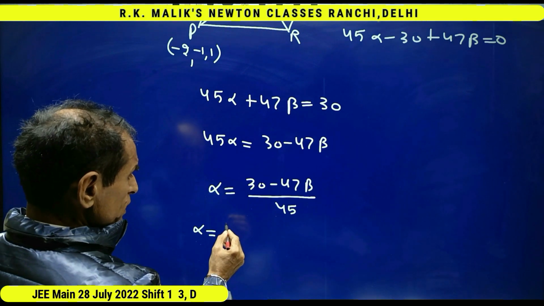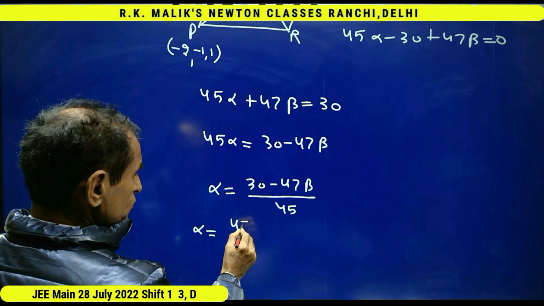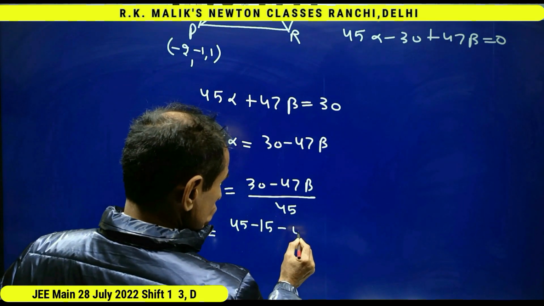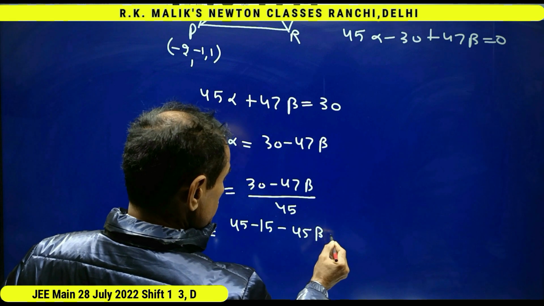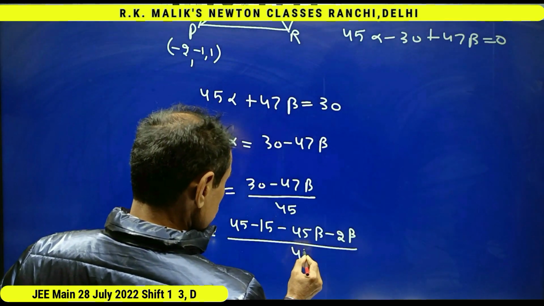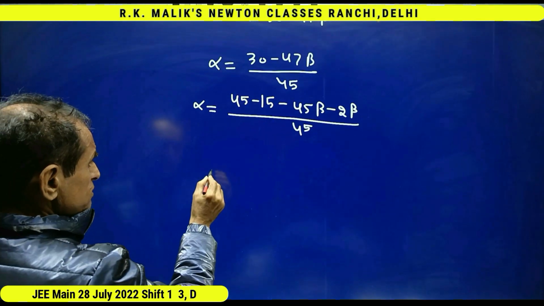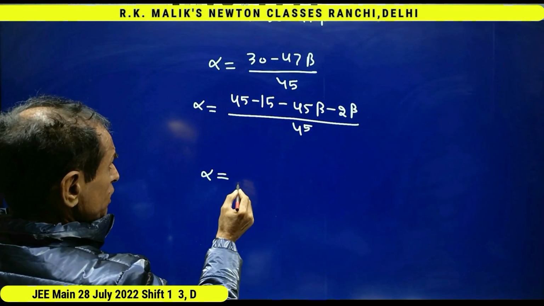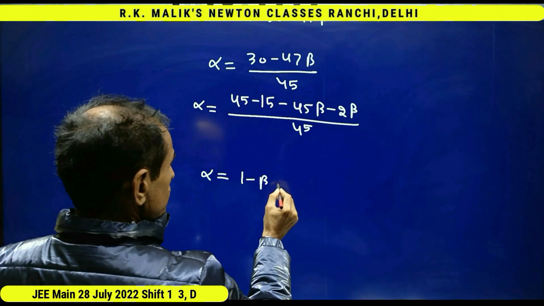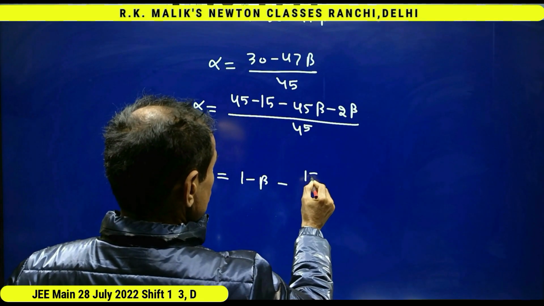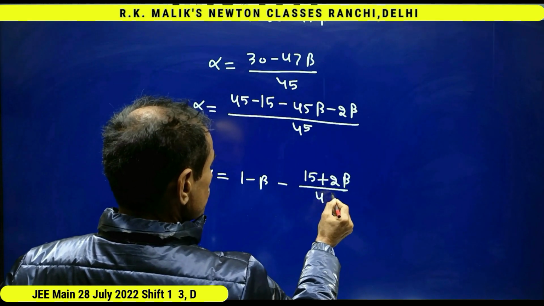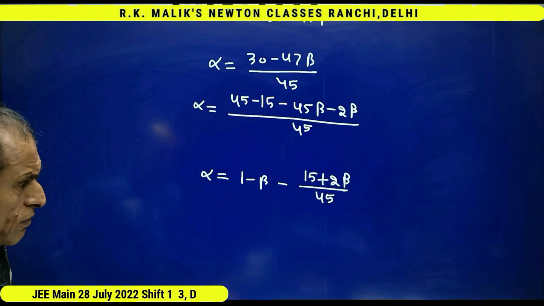Therefore, I would like to write 45 minus 15 minus 45 beta minus 2 beta by 45, and hence I will get the value of alpha as 1 minus beta minus (15 plus 2 beta) by 45.